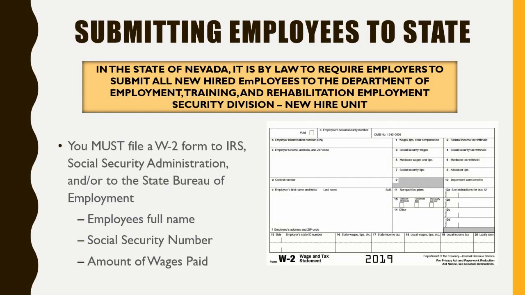So again, let's walk through one step at a time, okay? So step number 1 is to submit the employees to the state, okay? So for our state of Nevada, we have the Department of Employment, Training, and Rehabilitation, also known as DETR.